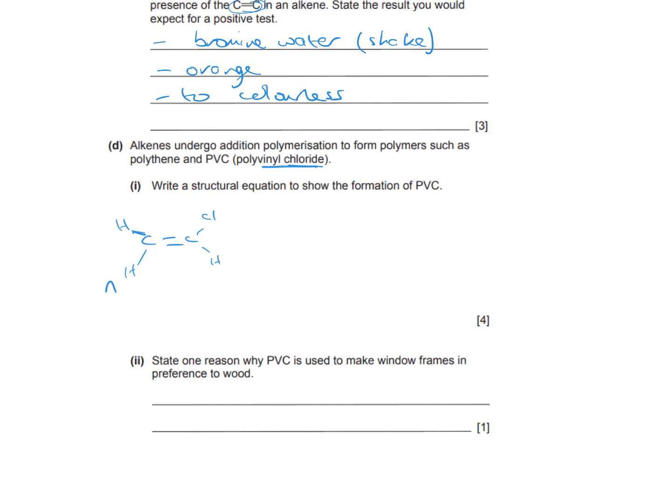And again, we put an N in front of it to represent just any number. And then when lots of these monomers join, the double bond breaks. Bonds form either side, and then I'm just going to complete it with the hydrogens and the chlorine. Now I put brackets through the bonds and put the N outside.